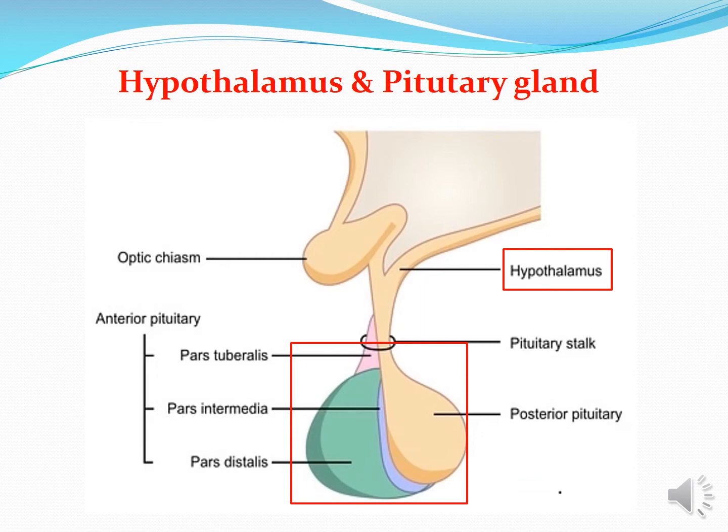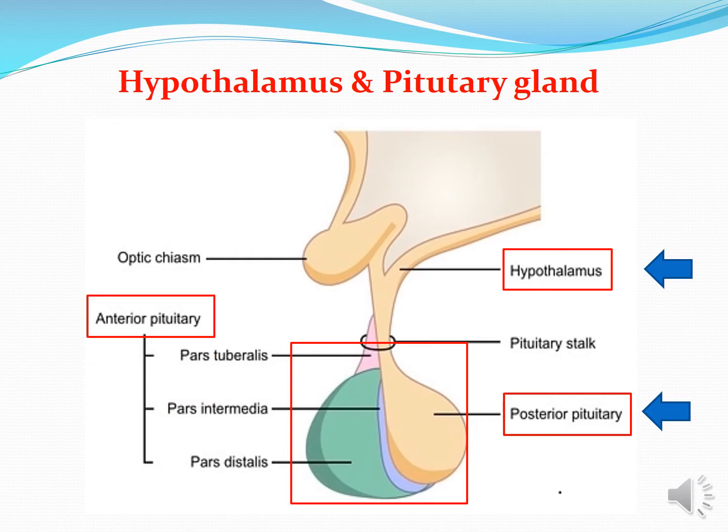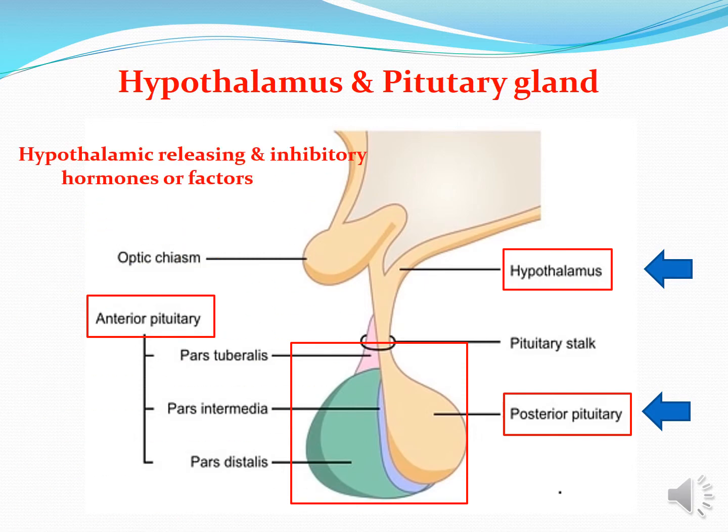Secretions from the posterior pituitary are controlled by nerve signals that originate in the hypothalamus and terminate in the posterior pituitary. In contrast, secretions by the anterior pituitary are controlled by hormones called hypothalamic releasing and inhibitory hormones or factors.